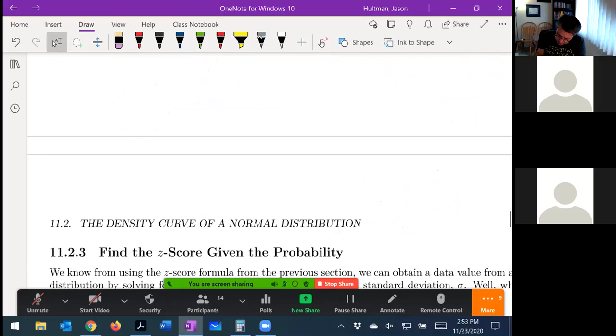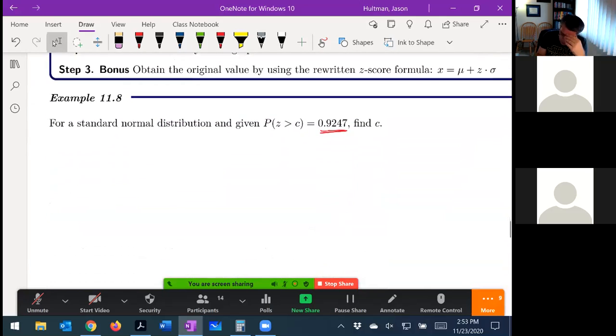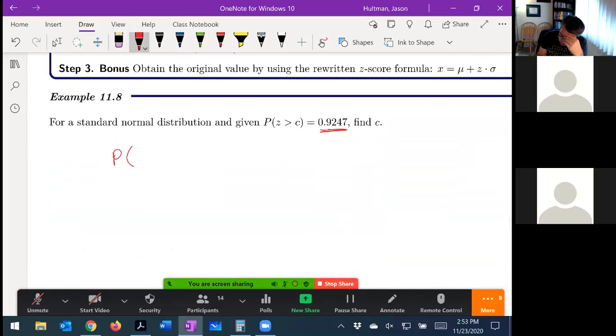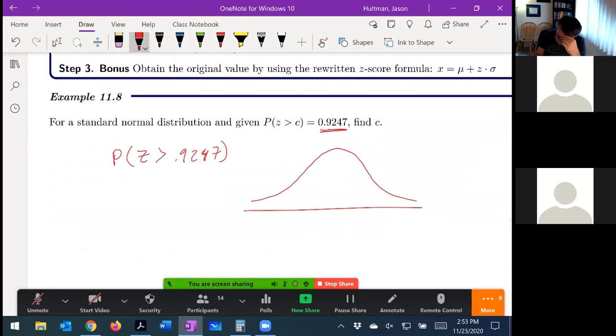Okay, so let's see if we can go backwards here. We want to know, what's the probability that z is greater than c, which is equal to 0.9247?